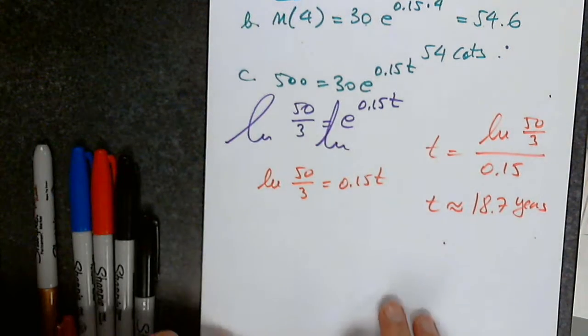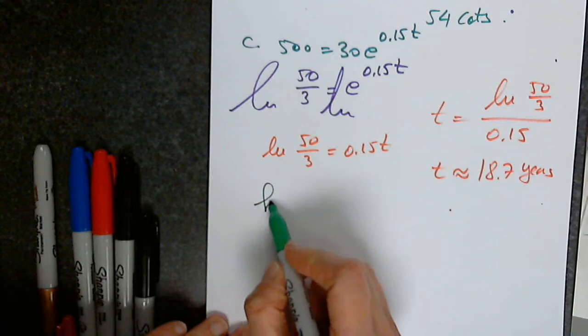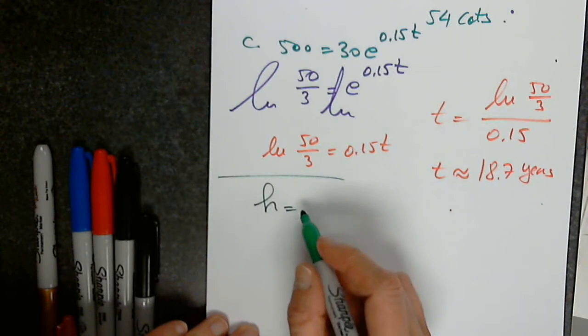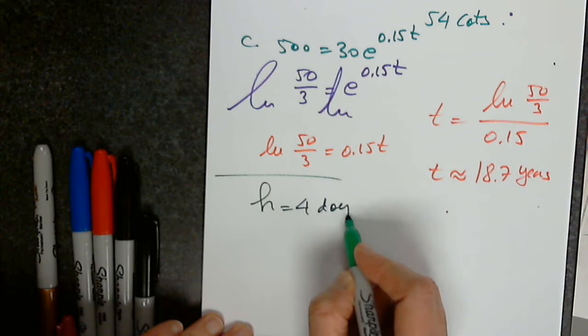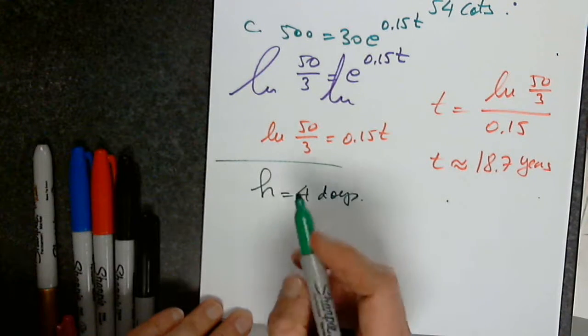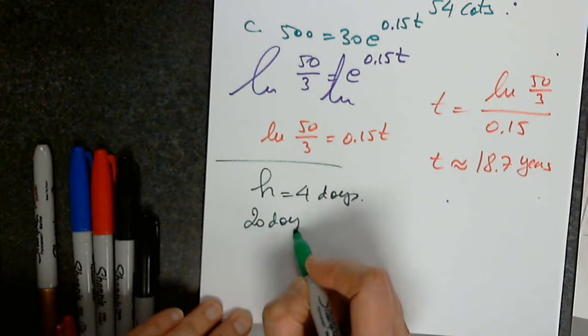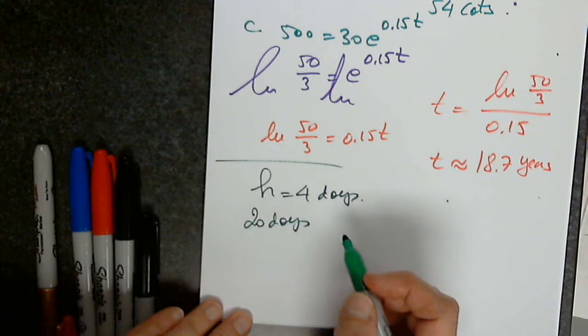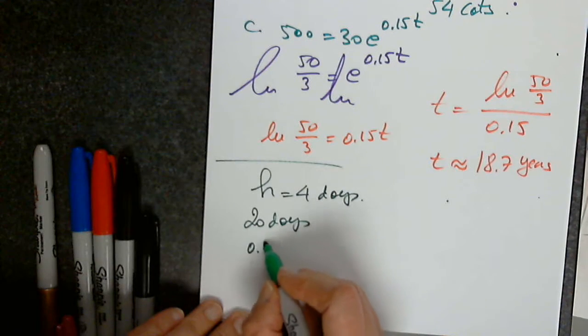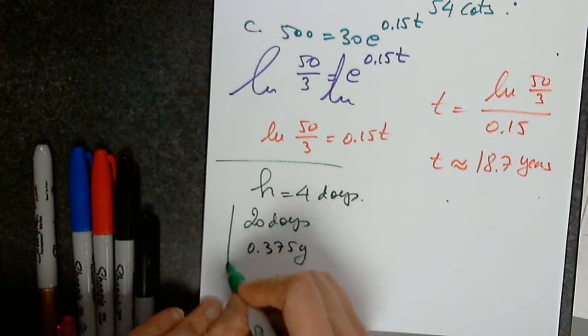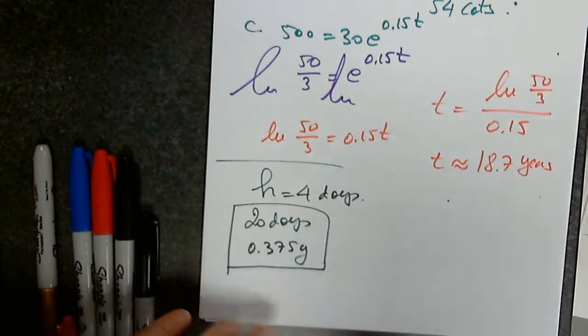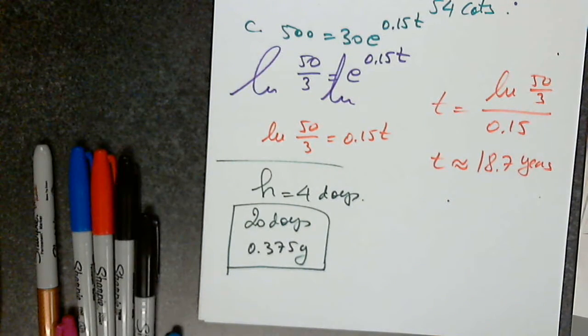Very good. So in problem 7, we have the half-life is 4 days. After 20 days, a sample has been reduced to a mass of 0.375 grams. So this is 1 point. So in 20 days, the sample has a mass of 0.375, right?